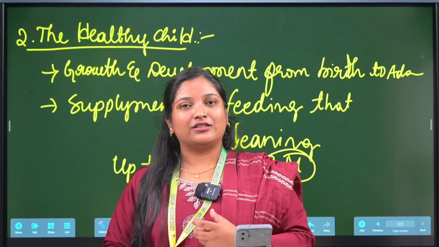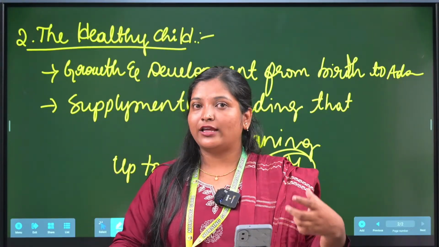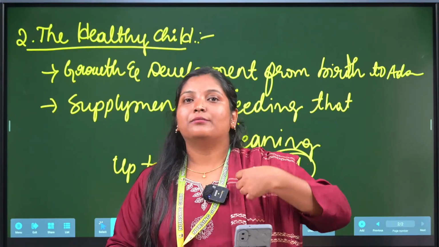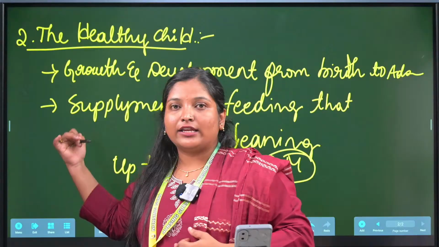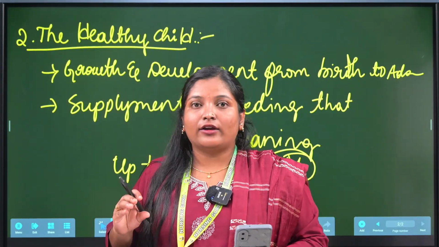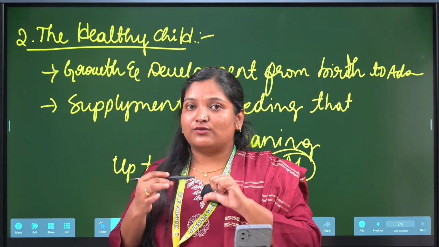Breast milk will not be sufficient for the growth and development of the baby after the 6th month. So along with breast milk we start the weaning, using supplementary foods. As complementary foods we use banana, smashed banana.